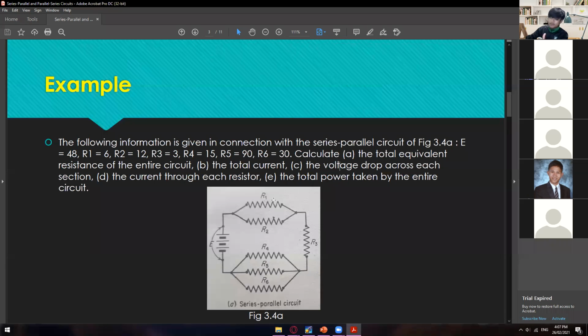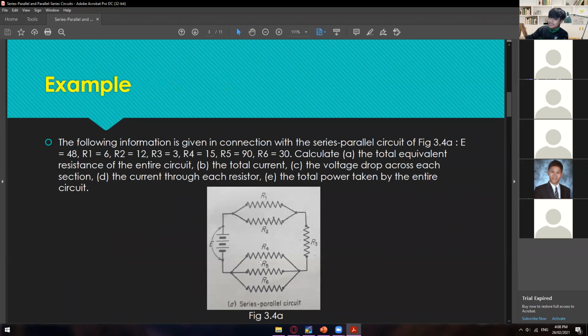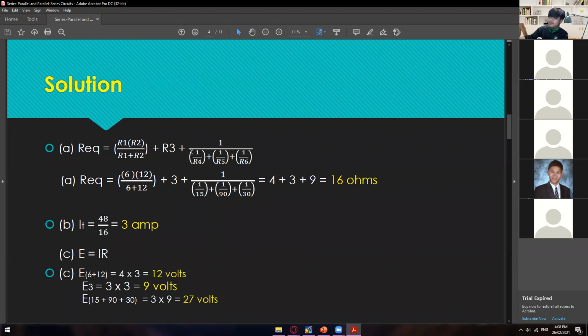resistors in parallel with each other, like for example R1 and R2, you can use this formula: R1 times R2 divided by R1 plus R2. But if you have 3 resistors in parallel with each other, R4, R5, and R6, you have to use this formula: 1 divided by (1 over R4 plus 1 over R5 plus 1 over R6).